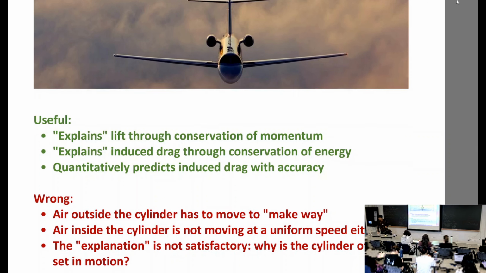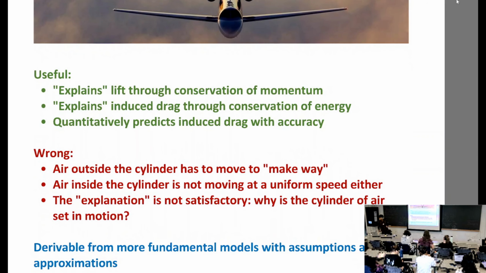So what we are going to be doing is deriving high-level models like this from more fundamental models. The most fundamental model is first principles, like quantum mechanics, or things that we can no longer explain why. But we're not going to start there. We are going to start with something called the Navier-Stokes equation.